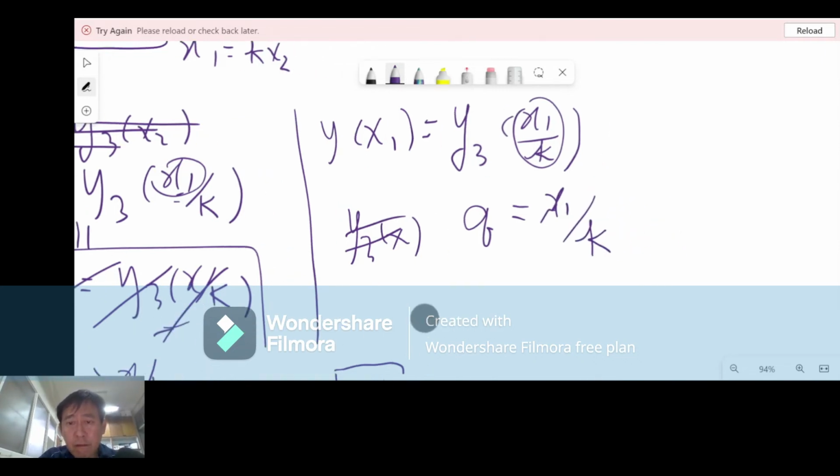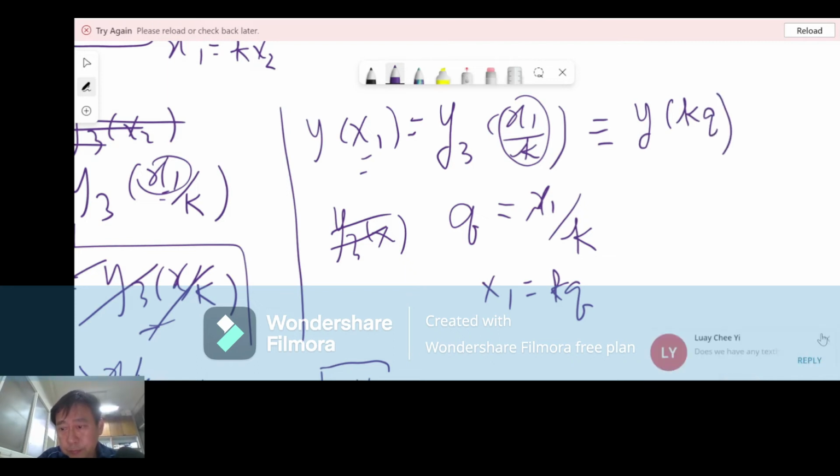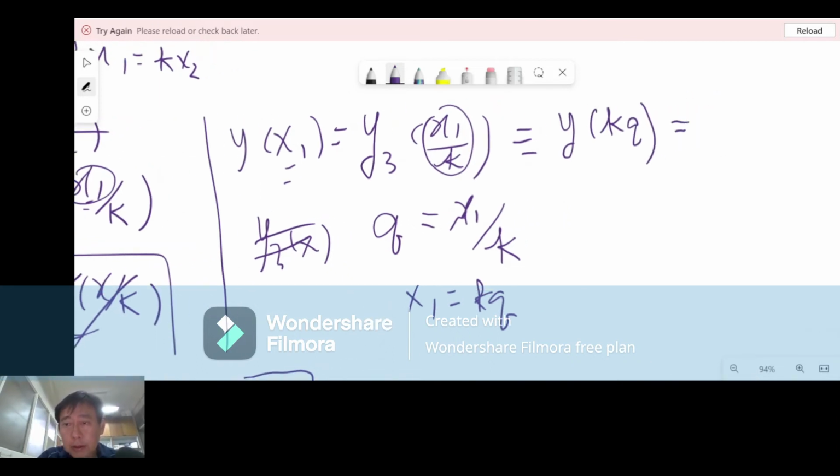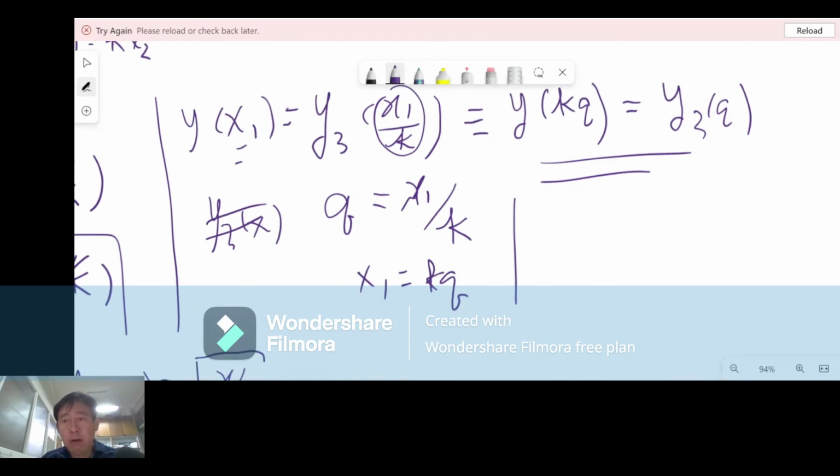So in the language of q, this statement is expressed as y of x1, where x1 is equal to k times q. So here I'll replace x1 by k times q. Then the right hand side is y3 of q. Okay, so that is almost what I want. I think this is the more correct version of the formula for a horizontally compressed function.